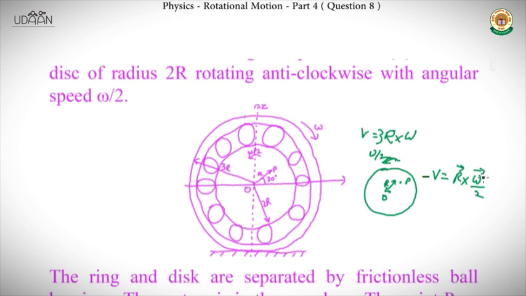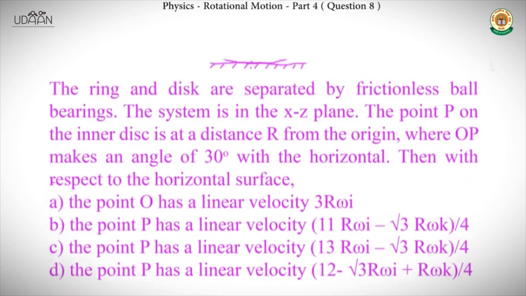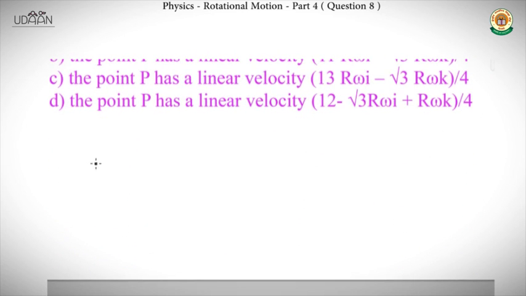Let's take vectors this time, since the options are in vector form. Now we see that this angle over here is 30 degrees. Now this V, the magnitude, will be equal to r into omega by 2 in this direction over here. Now I'll move it down and draw a diagram for only point P. So this velocity in this direction is r omega by 2, the speed.